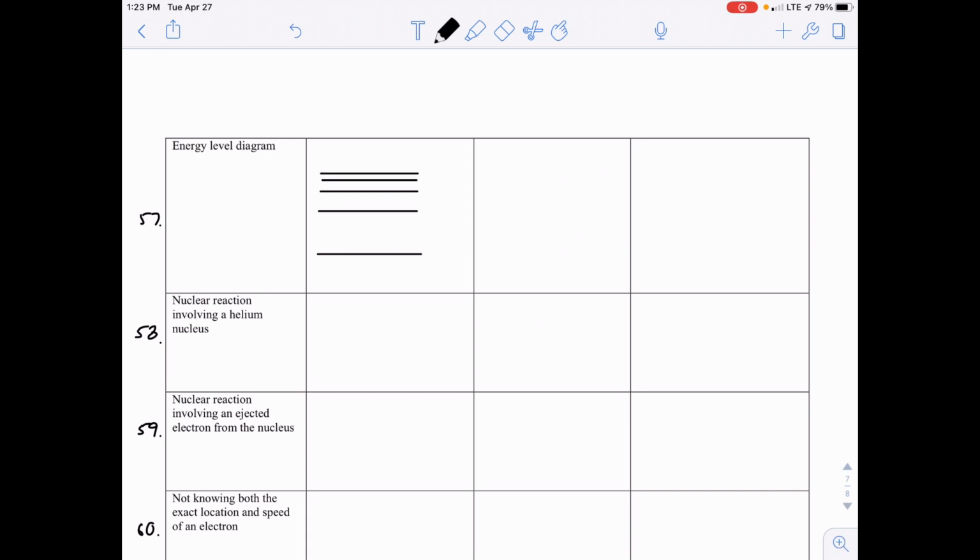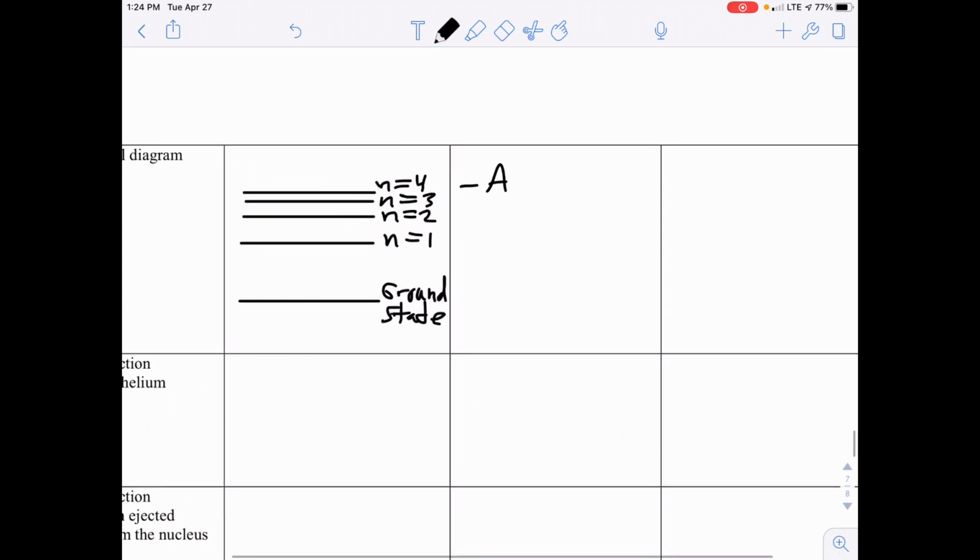Next to it, you'll see words like the ground state, n equals 1, n equals 2, n equals 3, n equals 4, and so on. This represents the different states to which an electron can be excited. It's excited to a particular state, and when it returns to the ground state, it emits radiation proportional to the difference in the energy level. These are known as atomic energy level diagrams.